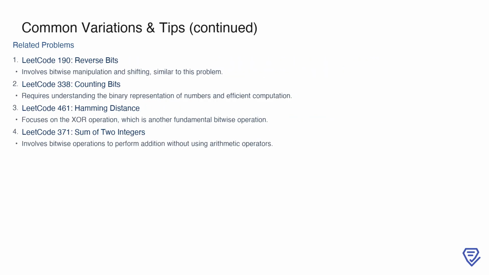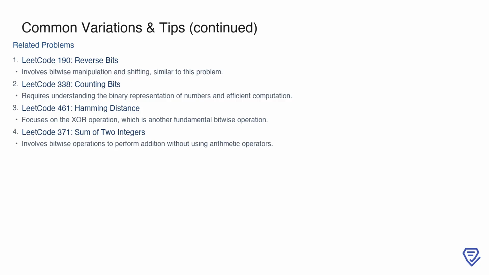This problem is closely tied to several other LeetCode problems that involve bitwise manipulation. For example, LeetCode 190, Reverse Bits, requires reversing the binary representation of a number, which involves similar bitwise operations and shifting techniques. LeetCode 338, Counting Bits, focuses on understanding binary representations and efficiently computing bit counts for a range of numbers.